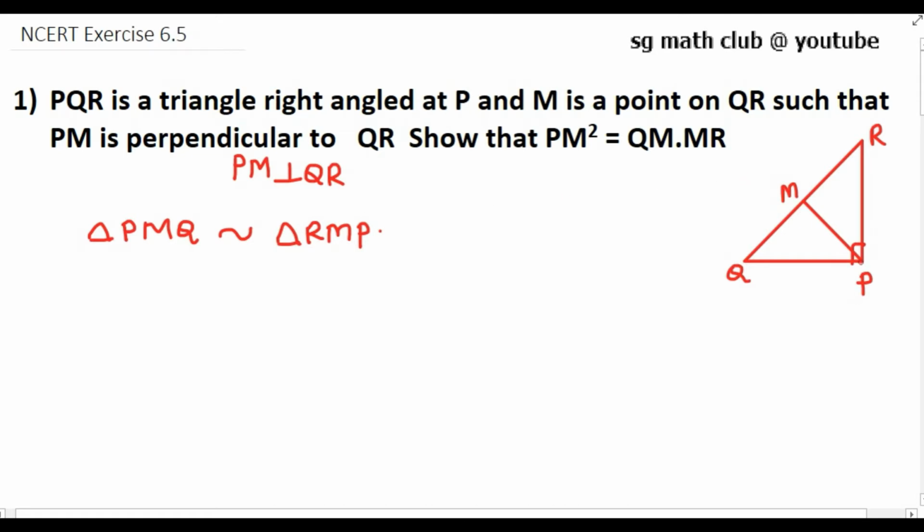If a perpendicular, here the perpendicular is PM, is drawn from the vertex of the right angle triangle, the vertex is P, to the hypotenuse, then the triangles which are formed on both sides of this perpendicular will be similar to each other.